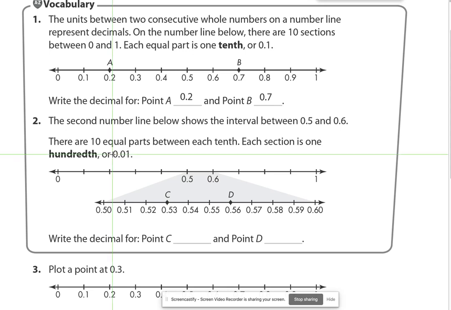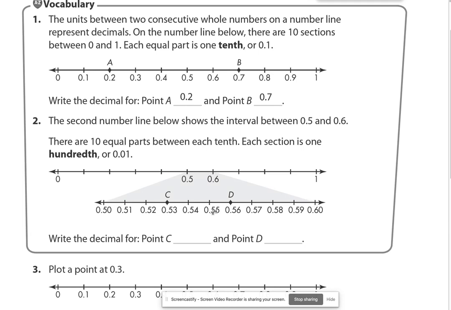So that is how we write out 1/100th in decimal form. So here I've got 0.5, here I've got 0.6 or 6/10, and this gray shape here is showing me everything that's between 5/10 and 6/10.